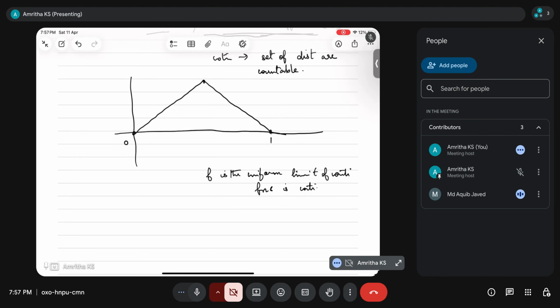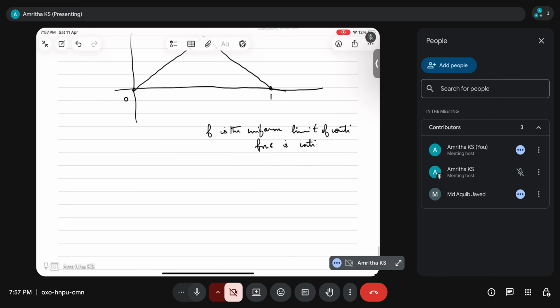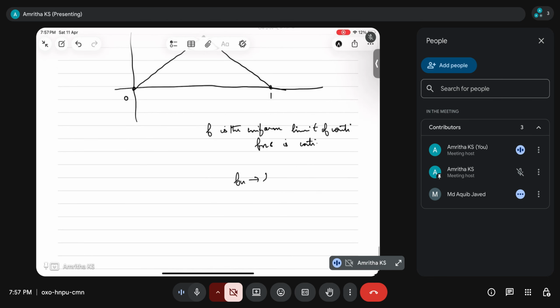How is it uniform? f_n converges to f uniformly. The f_n are continuous, and this implies that f is continuous, right? Yes, it is the same statement.